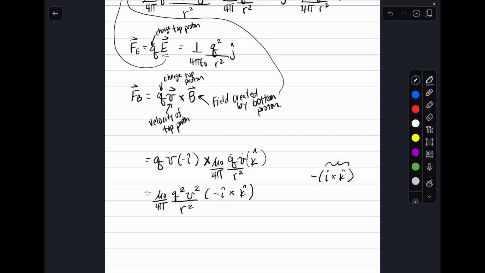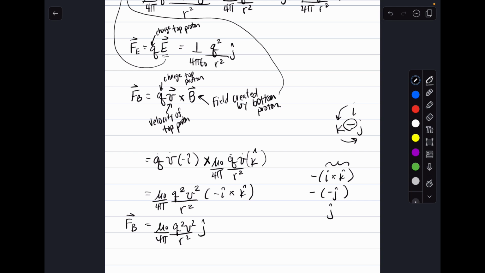So i cross k moves in the counterclockwise direction. So that's going to give me a negative j hat. So I have my negative out here, this becomes negative j hat, and then my negative times my negative is simply j hat. So my force on the top proton is going to be mu naught over 4 pi, q squared v squared over r squared, j hat.